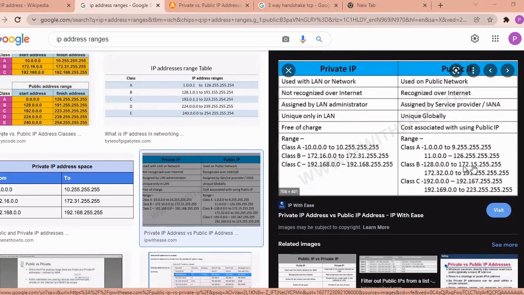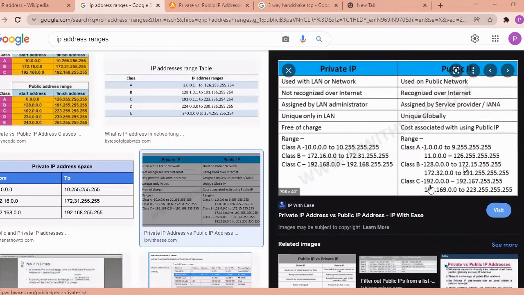So it ends at 15, and from 16 your private IP ranges start, 16 to 31, and here you can see again 32 is assigned for public IP address, 32 to 191.255.255.255. Means 191 is completed here.